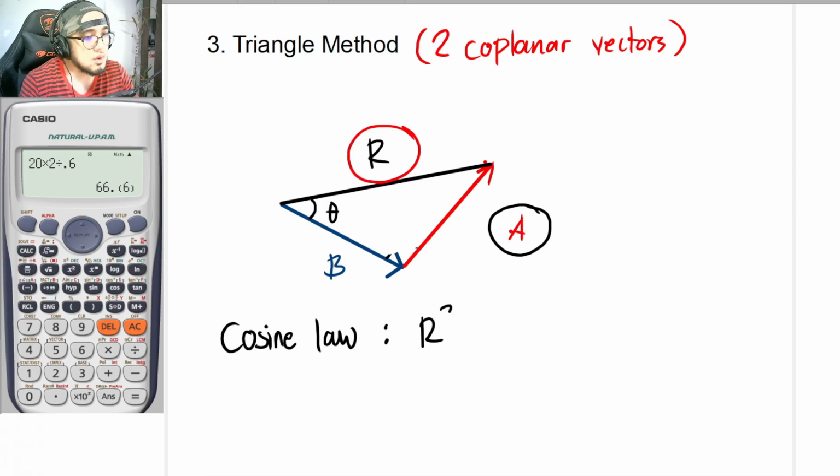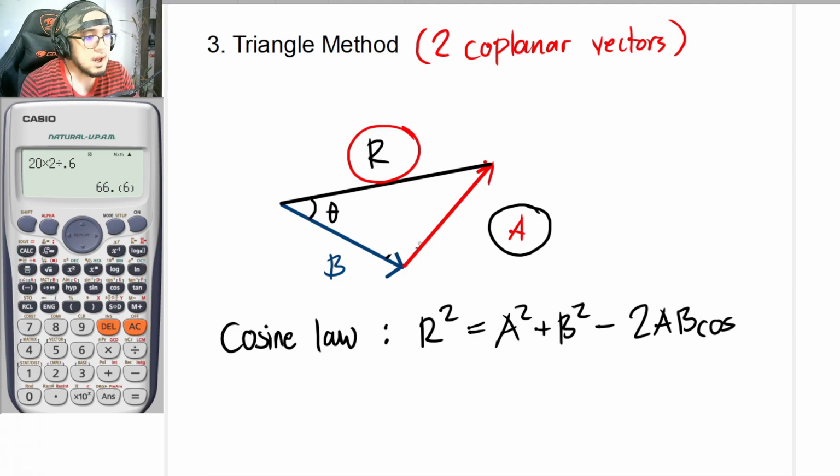So r squared is equal to a squared plus b squared minus 2ab cosine the angle that is to be here. So let's say that this is to be small letter r, so cosine r.